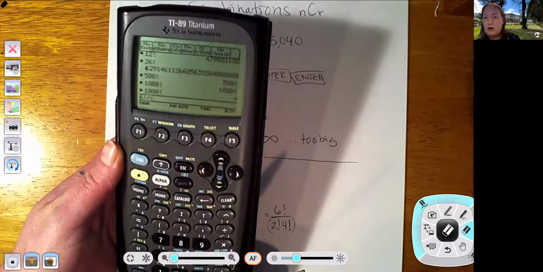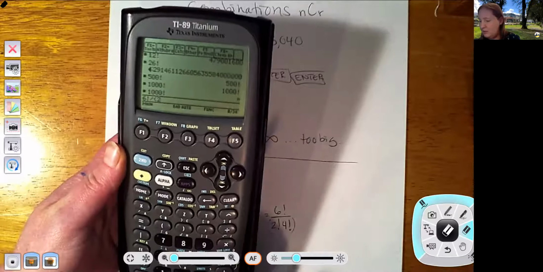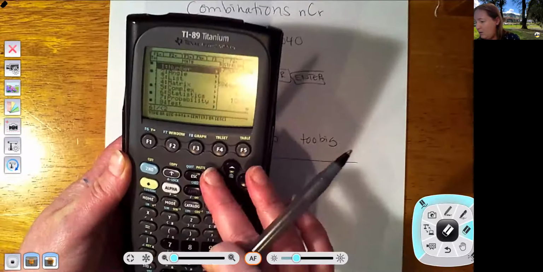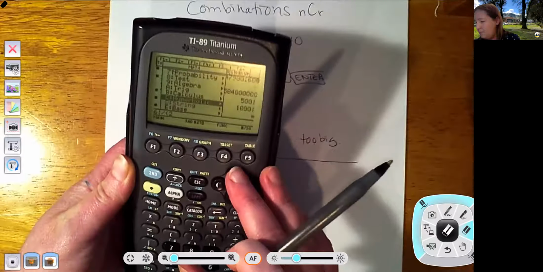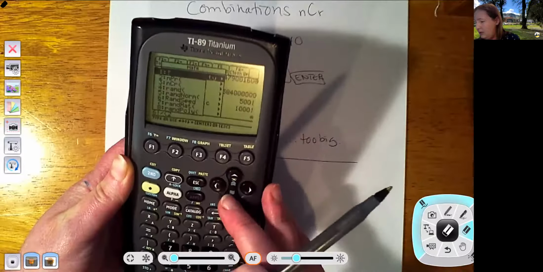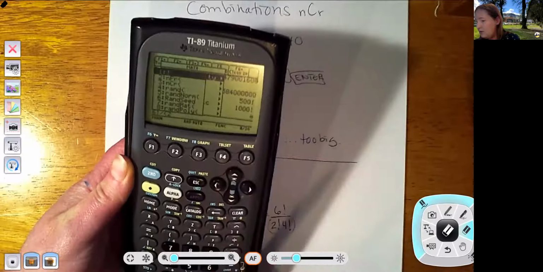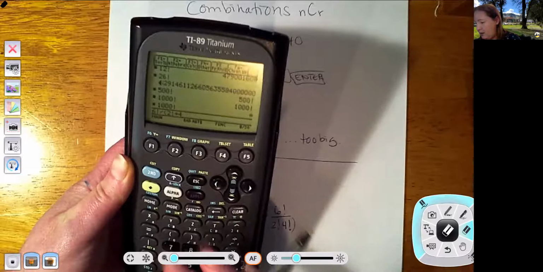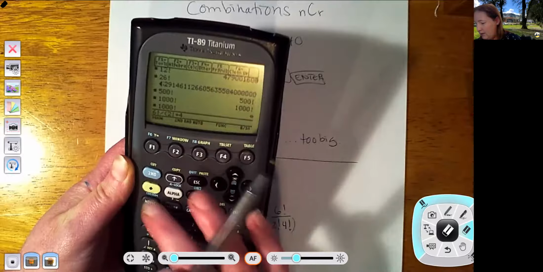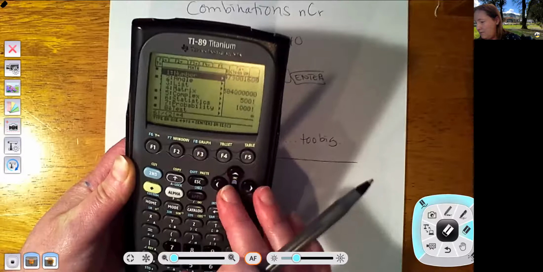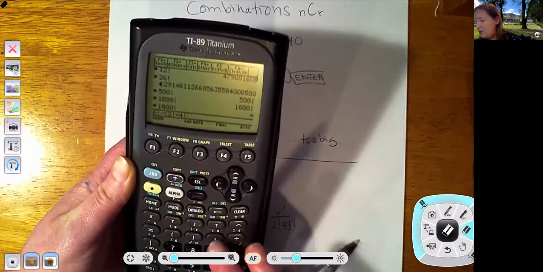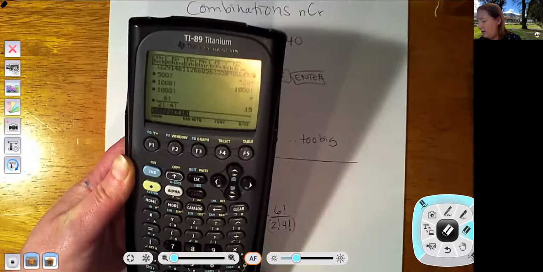You can write 2 factorial, it's just 2 because it's 2 times 1. Probability, factorial, and then times 4 factorial, end your parentheses and enter, and you will get 15.